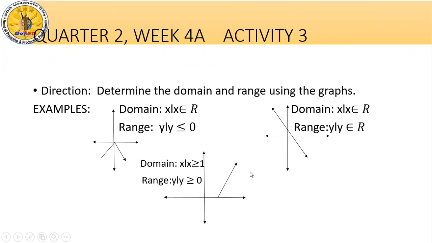For the third example, our graph intersects at (1, 0). So, x such that x is greater than or equal to 1. Why greater than? Because our graph is pointed upwards, while y is greater than or equal to 0.